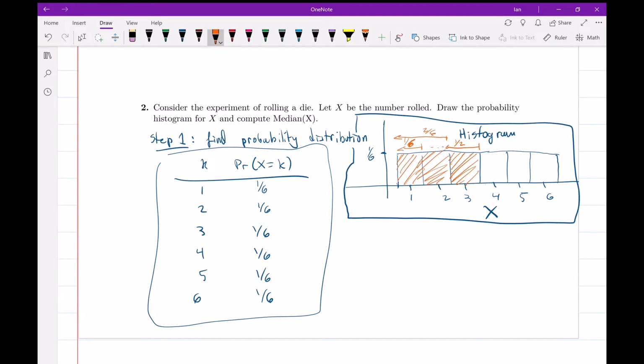So in other words, we can split the histogram right in between 3 and 4, and we get 50% on one side and 50% on the other side. So let me write that down.